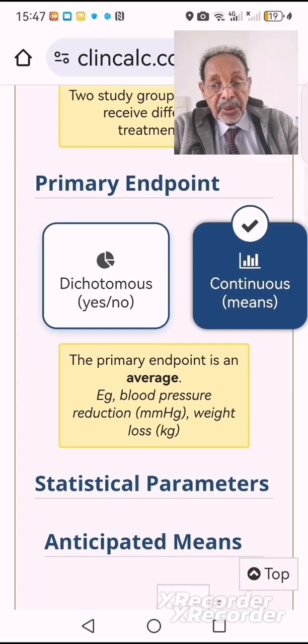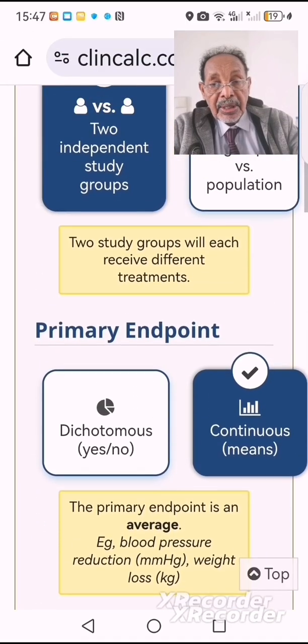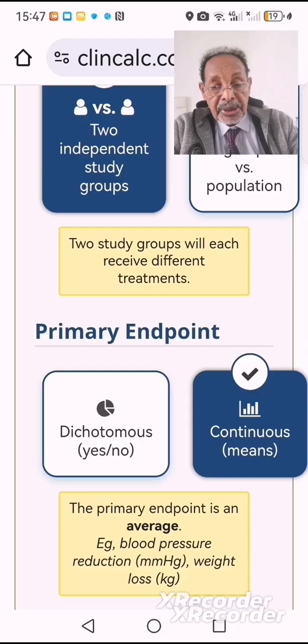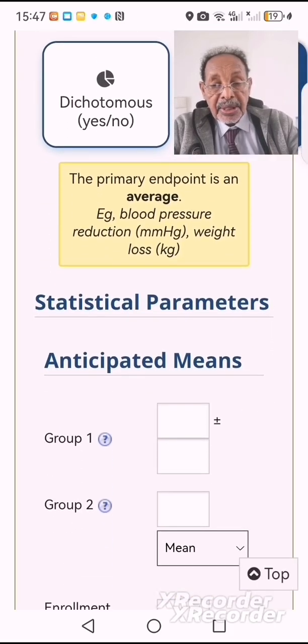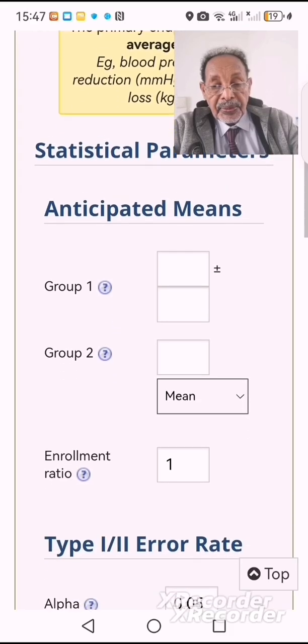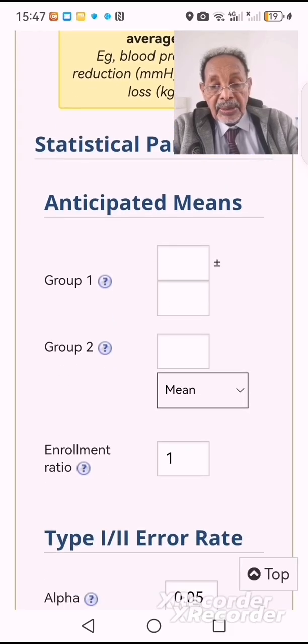For example, if we are using two samples with continuous means, here we are going to enter anticipated means in group 1 and group 2, the anticipated mean plus minus the standard deviation. And we have to decide the enrollment ratio of the two groups, either 1:1 or 1:2.